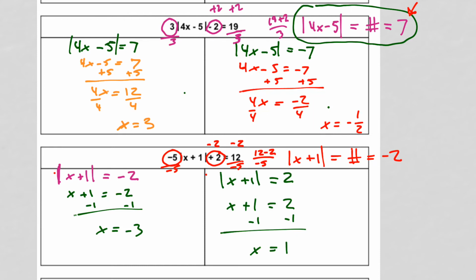And we've done all the algebra, but perhaps there's one critical piece of understanding that we forgot. I want you to examine this scenario. Have you ever known anything that's absolute value to be equal to a negative number?